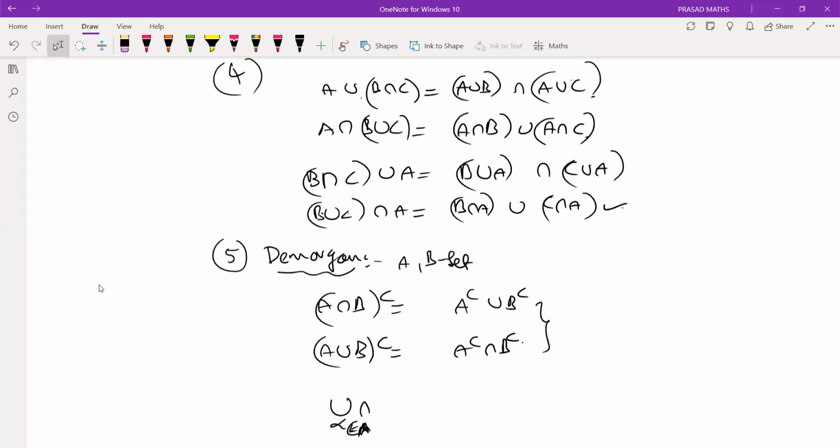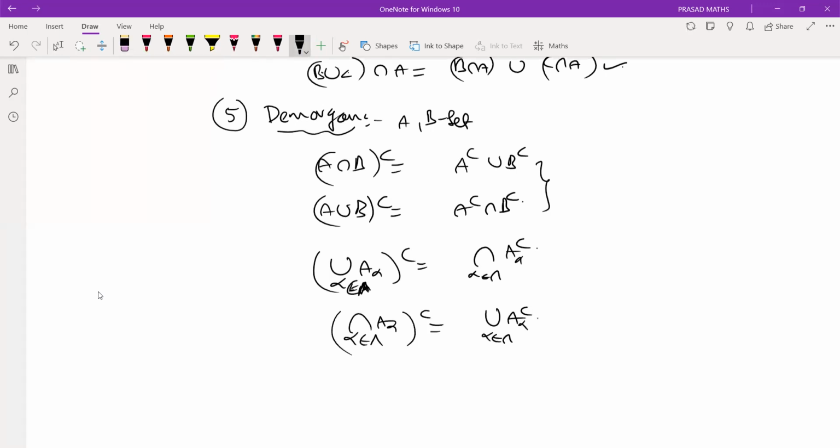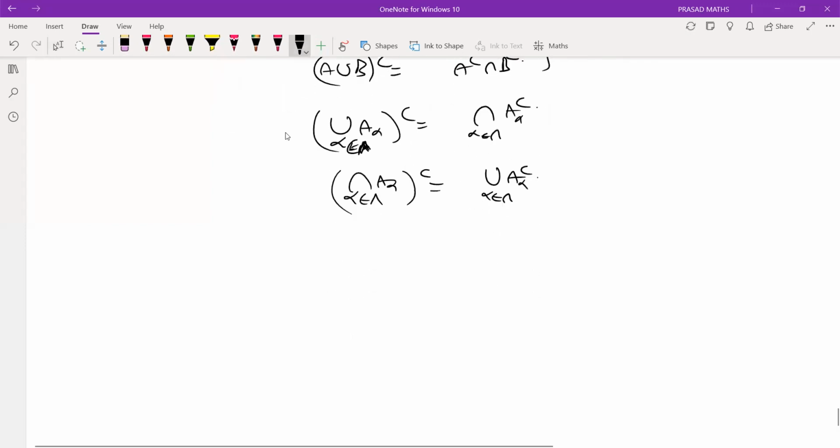You can take any arbitrary collection. The complement of the union is the intersection of the complements. These are nothing but the De Morgan laws.